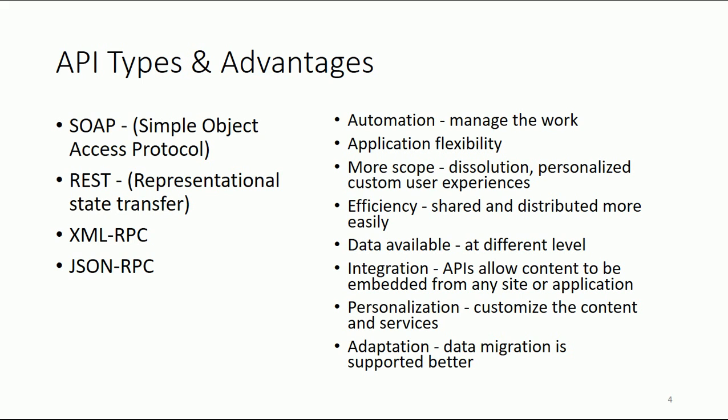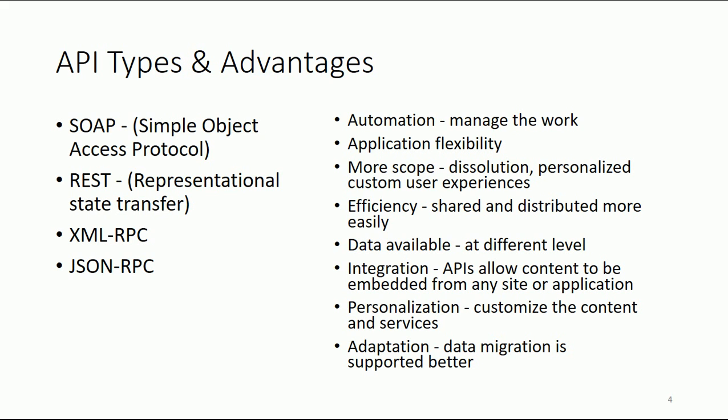And also efficiency. APIs are shared and distributed more easily, and data is available at different levels. If your system has different hierarchies, and you want to show some data to some users and some to others, then it is also important. And integration.